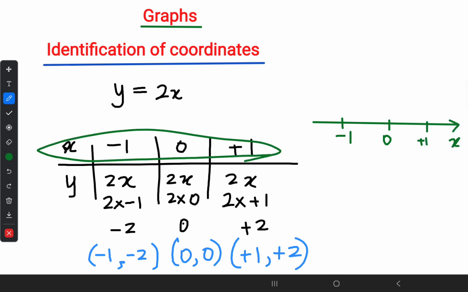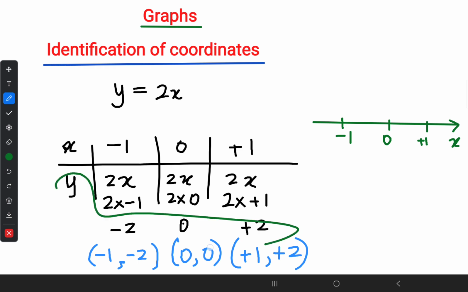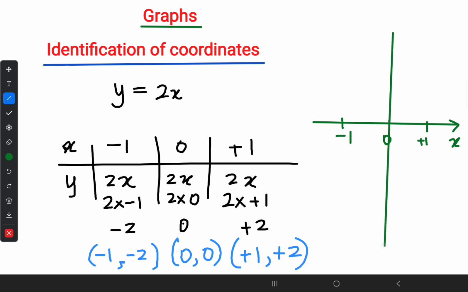In the y-axis, the minimum value we need was -2, 0, and the maximum value we need was +2. The y-axis would be the vertical axis. This is our y-axis. Starting from -2, -1, 0 is here, and +1.